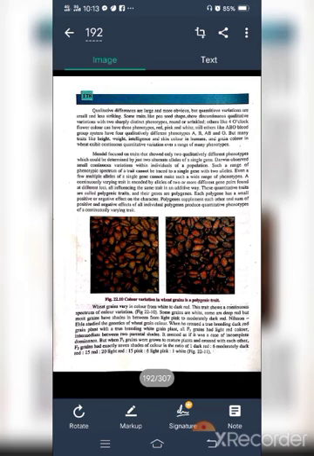Nilsson-Ehle studied the genetics of wheat grain color when he crossed a true breeding dark red grain plant with a true breeding white grain plant. All F1 grains had light red color, intermediate between the two parental shades. It seemed as if it was a case of incomplete dominance.